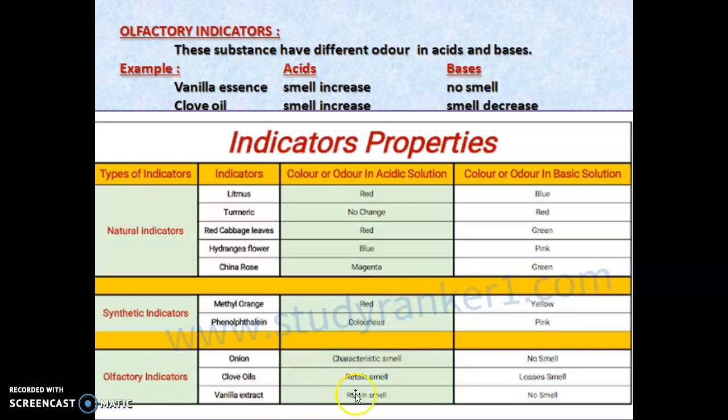Clove oil: the smell will be retained, that is, increased, in acid, and it loses the smell, that is, the smell decreases, in base. Vanilla extract: the smell will be retained in acid, and in base there will be no smell.